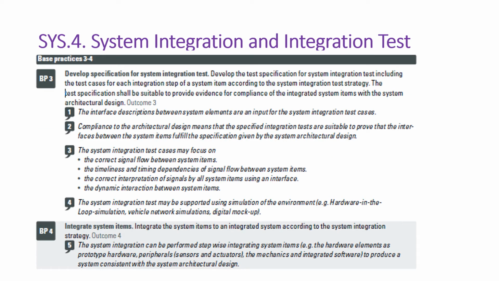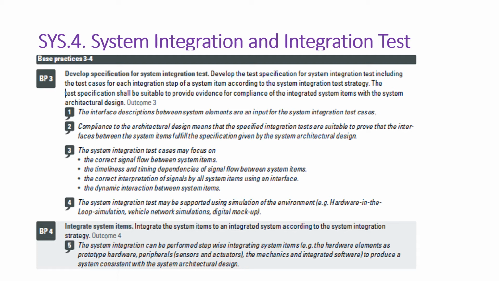Coming to base practice 3, develop specification for system integration test. Develop the test specification for system integration test, including the test cases for each integration step of the system element according to the system integration test strategy. So we have a strategy defined for how to test this particular system, and based on that, we have to define a test specification.